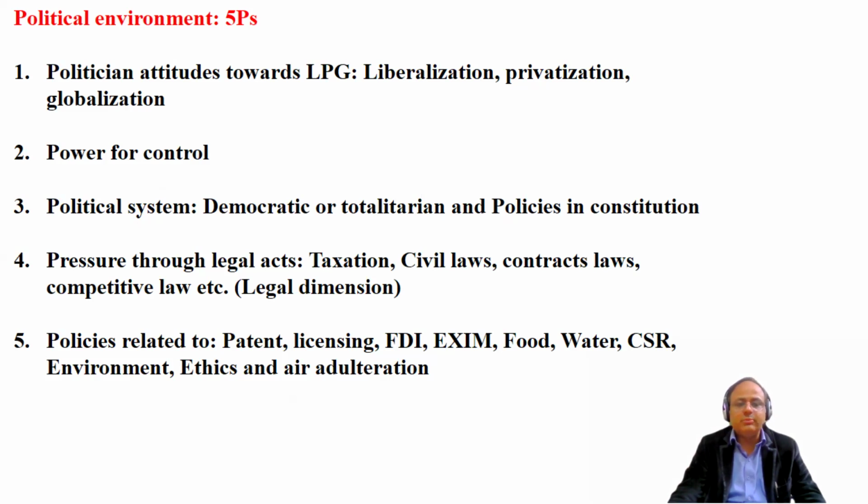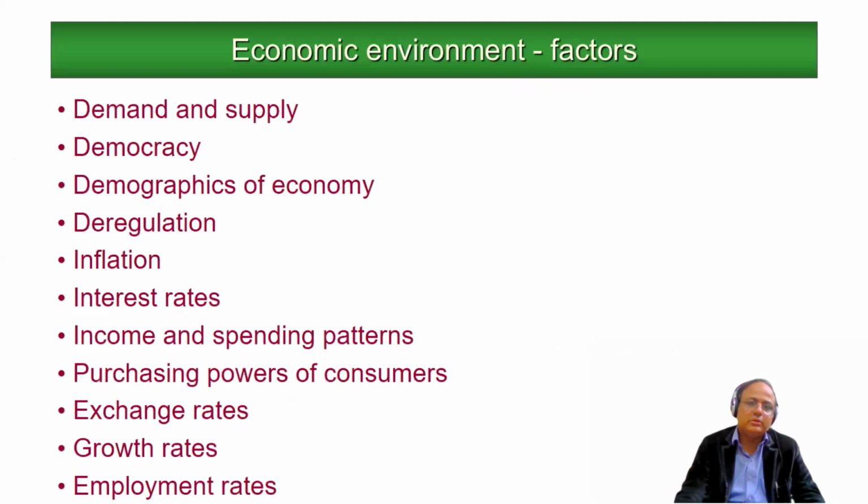And then the fifth P is the policies related to patents, licensing, foreign direct investment, export-import, food, water, CSR, environment ethics, and air adulteration. So, the 5 P's would cover everything when it comes to the political environment and its horizon.